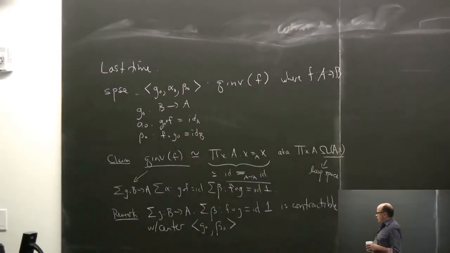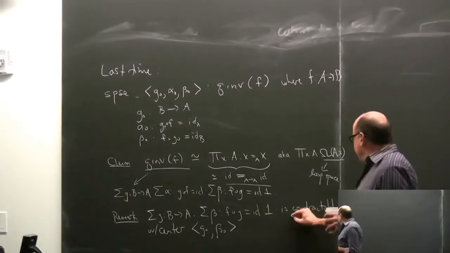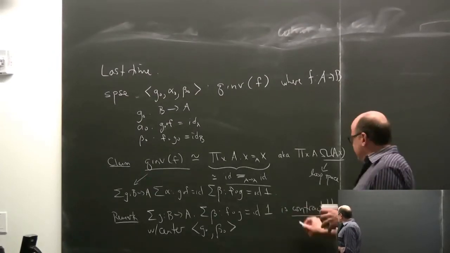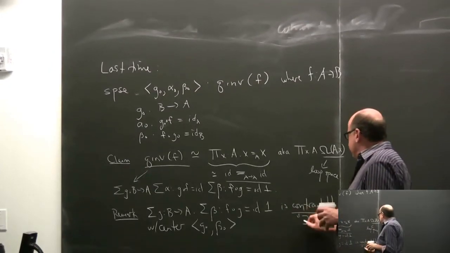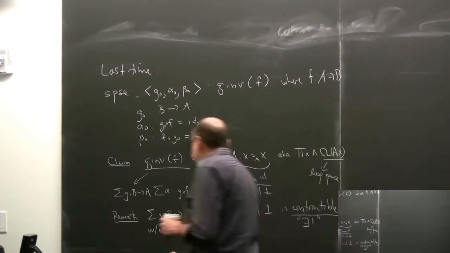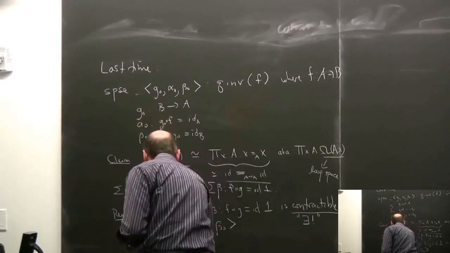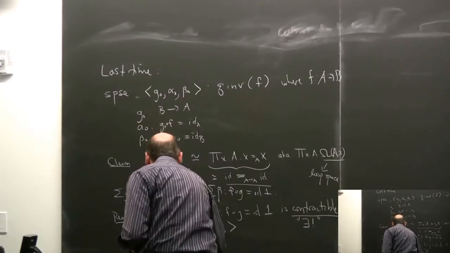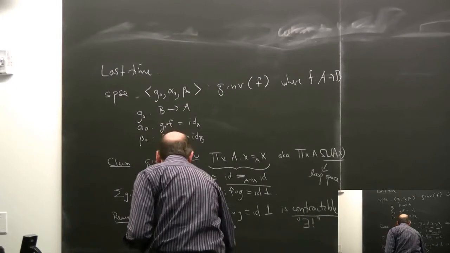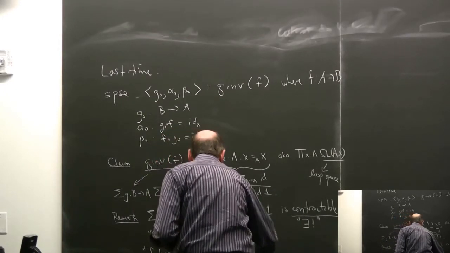This is the important point. Remember what contractible means: it means there exists a unique element. So in other words, what this is saying is, since f has a quasi-inverse, f has exactly one right inverse.